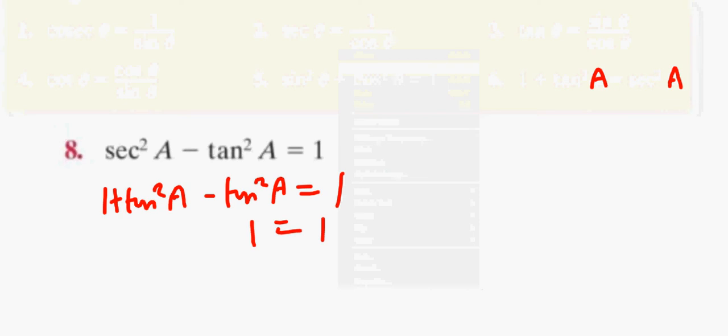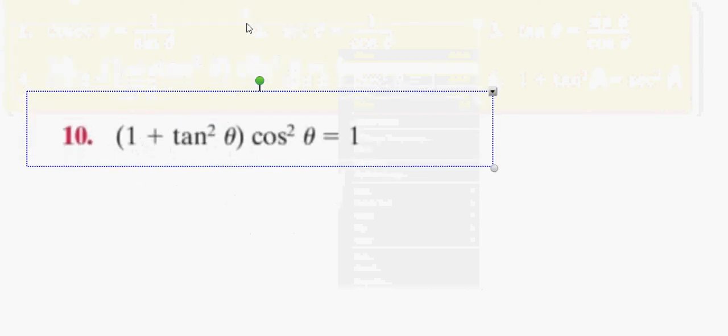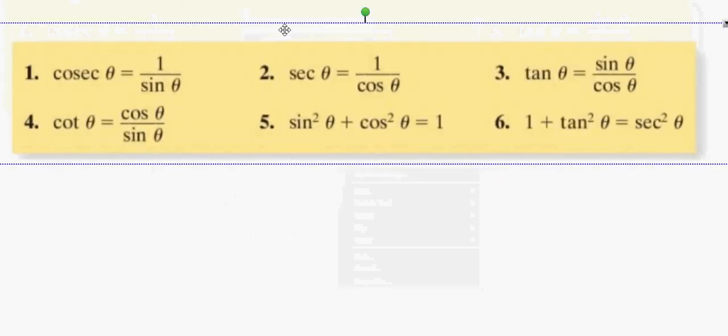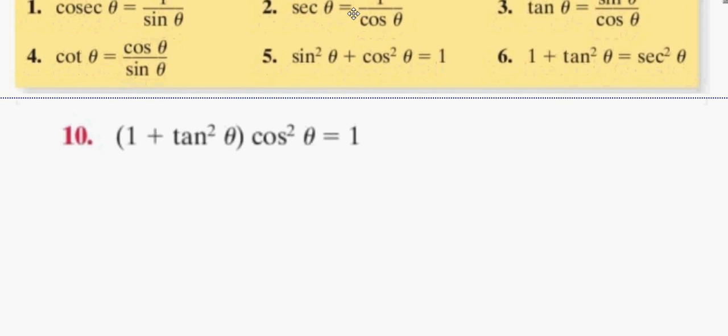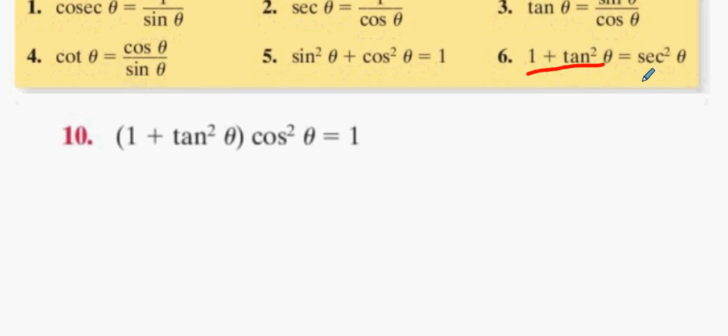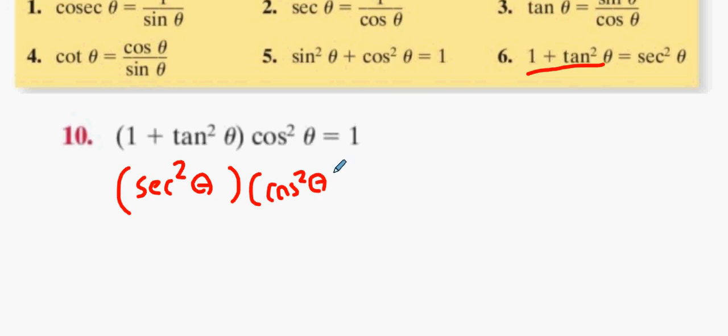Now, on to 10. This one's also disappointing. Rule 6. What are you going to put in for rule 6? What can you replace 1 plus tan squared with? Secant squared theta. Okay. Now, what exactly is secant again?